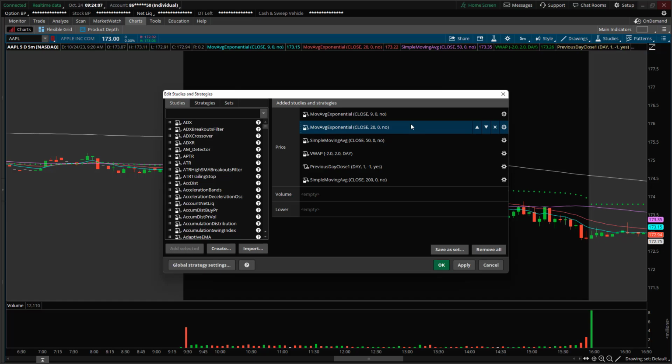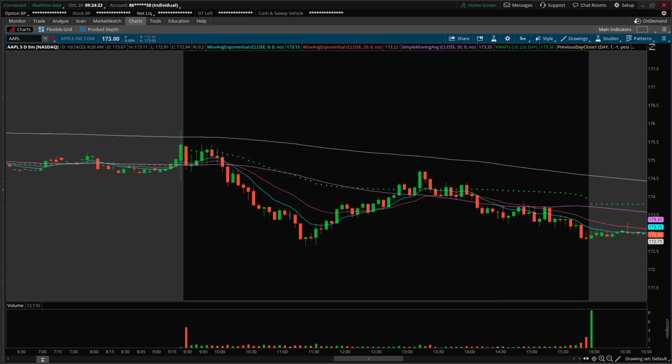So the 9 and the 20 EMA are very popular short term or momentum moving average lines, and then the 50 and the 200. Also, the 100 is popular as well, but the 50 and the 200 simple moving average lines, those are really popular for the bigger, overall moving average lines.